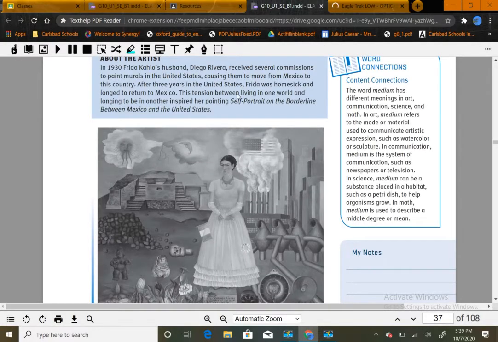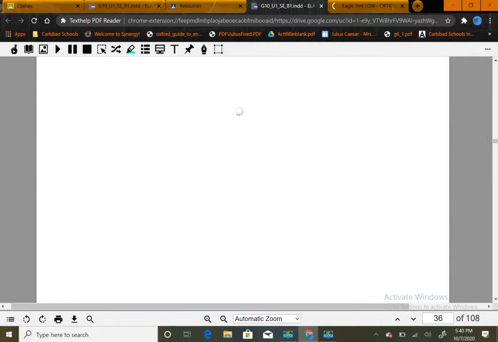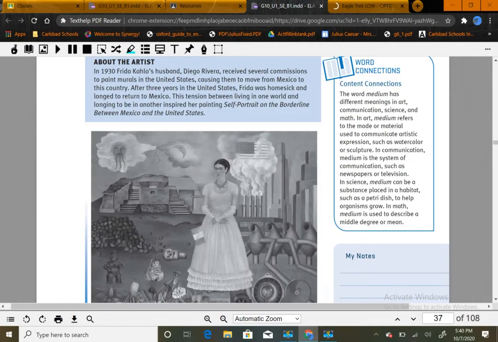Because I've opened this up before, it's actually at the place I need to be.